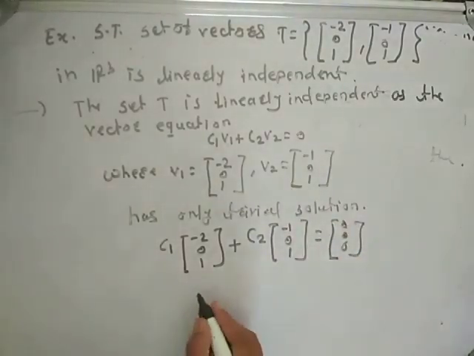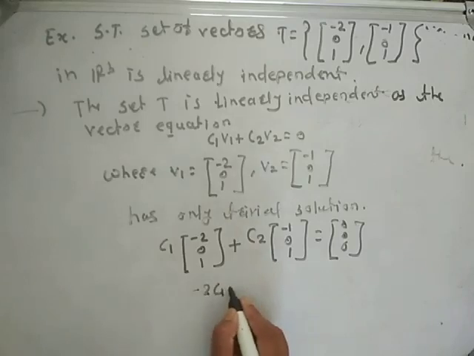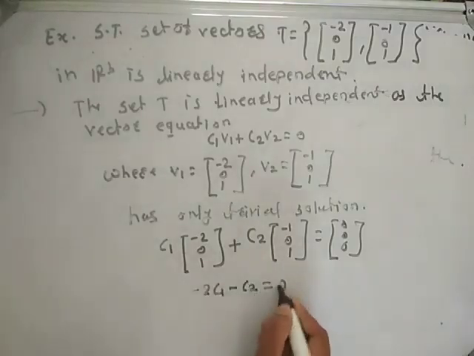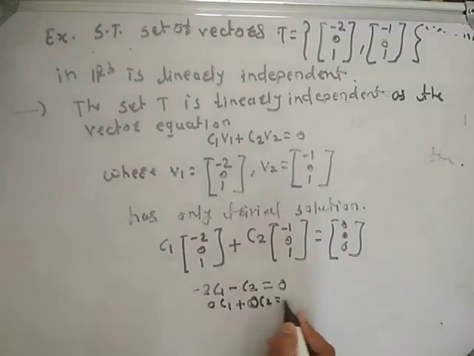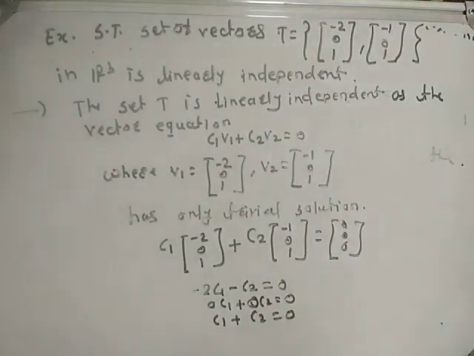So this will become minus 2 C1 minus C2 equals 0, 0 C1 plus 0 C2 equals 0, and C1 plus C2 equals 0. The augmented matrix is rows (-2, -1, 0), (0, 0, 0), (1, 1, 0).